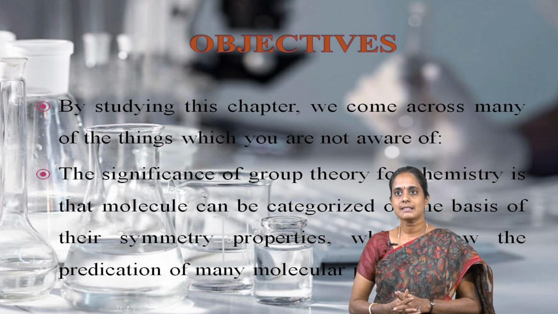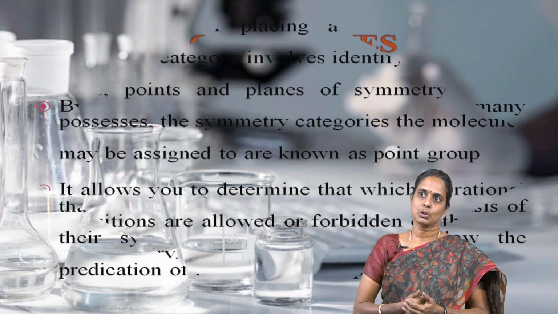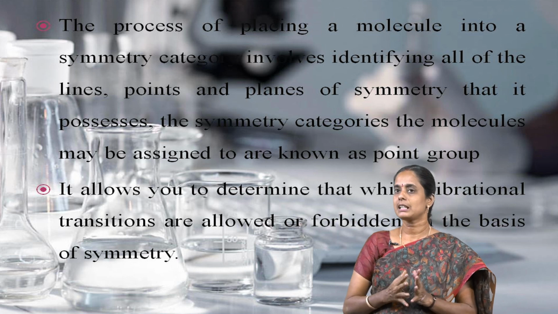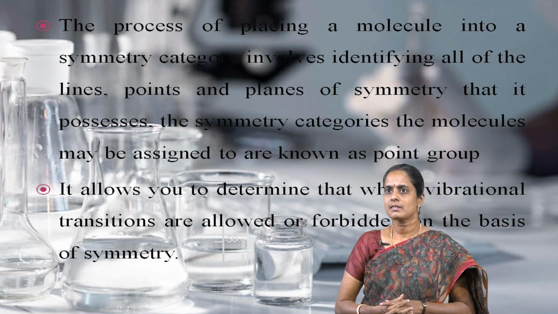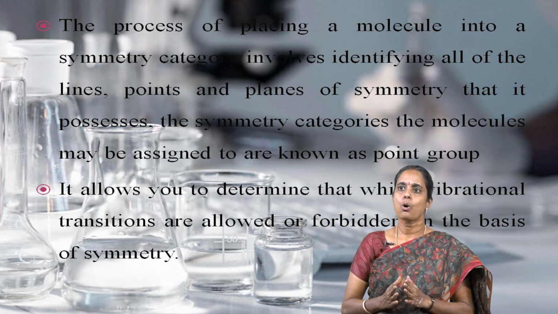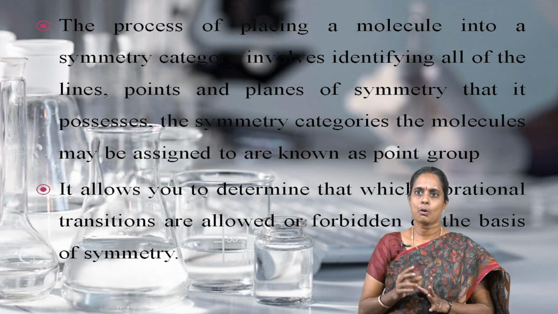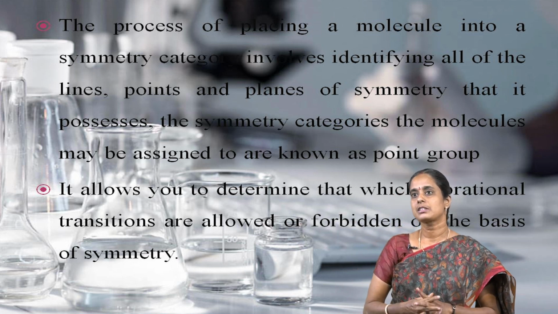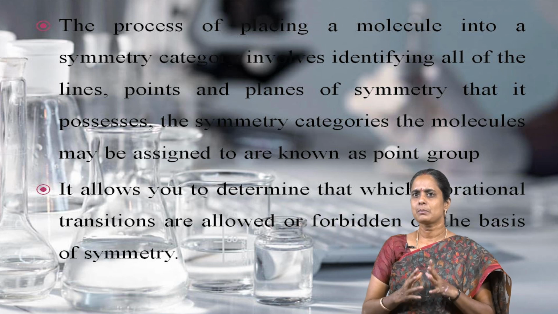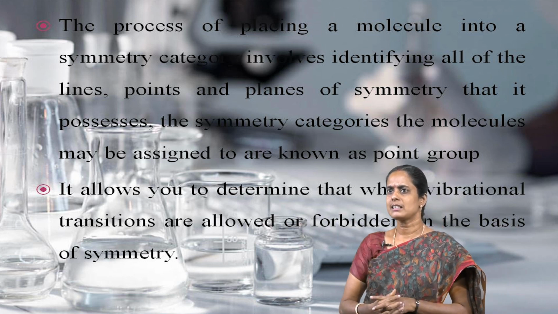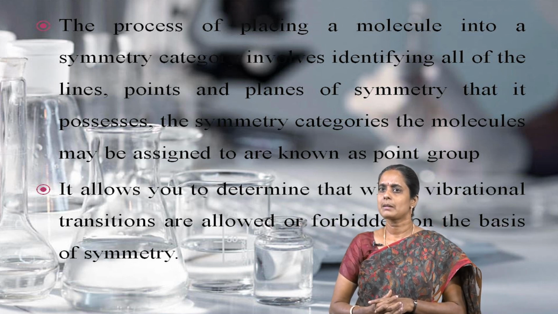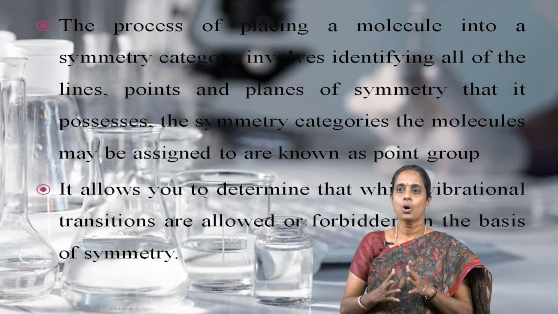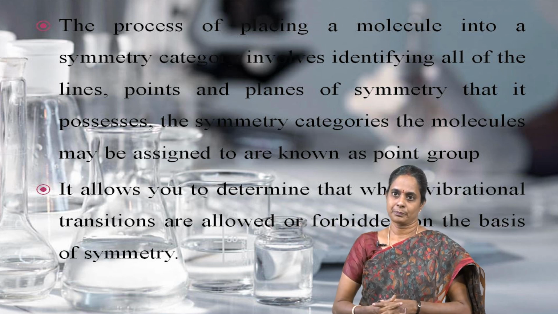The process of placing a molecule into a symmetry category involves identifying all of the lines, points and planes of symmetry that it possesses. Based on the symmetry categories, molecules may be assigned to a point group.